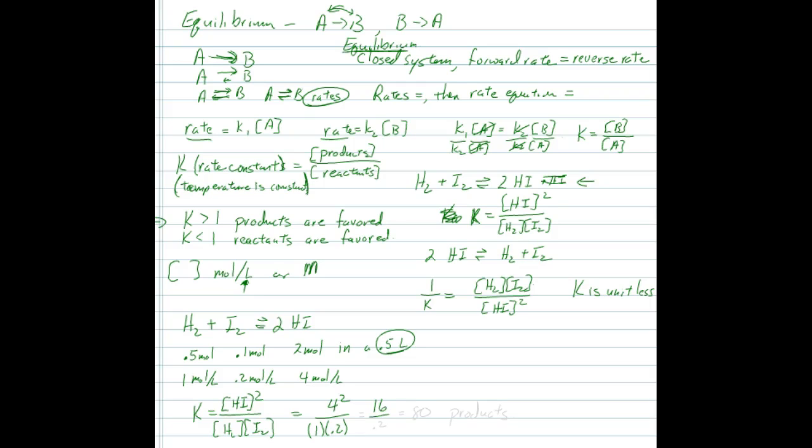That's 16 divided by 0.2, which is 80. And no label, because we're finding K, and that would definitely favor the product. So this would be a good industrial equation to use. That ends this introductory lesson on equilibrium.